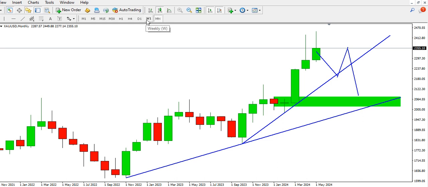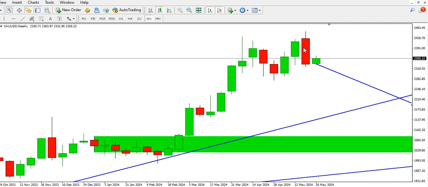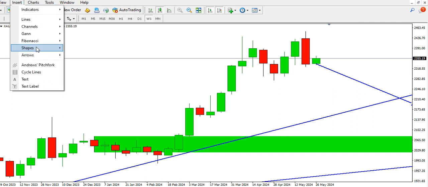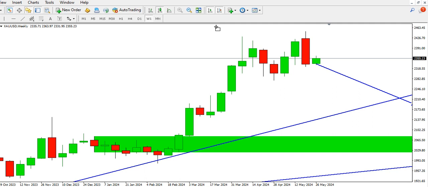For the weekly time frame, we can see this particular bearish candle, suggesting that price has gotten to a resistance level and price might likely drop.